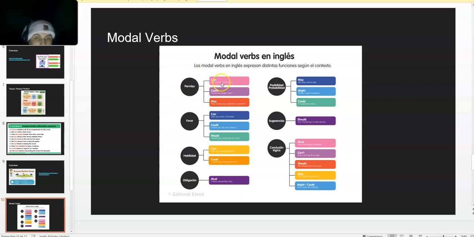For example, for permission, you can use can, could, or may. For a favor, you can use can, could, or will. For ability, you can use can or could.